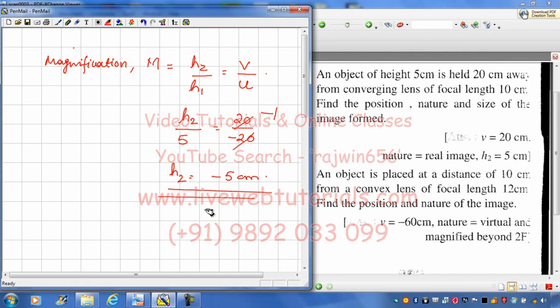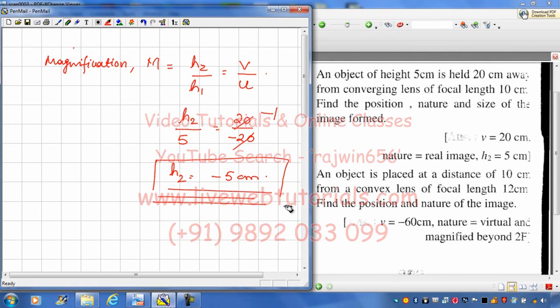You can see in numerical value the height of object and height of image both are same. Okay, the only thing is that the object will always be upright or erect, and here in this case the image is inverted. So here the nature of the image is real and inverted, and the size is 5 centimeters, that is the height of the image is 5 centimeters.